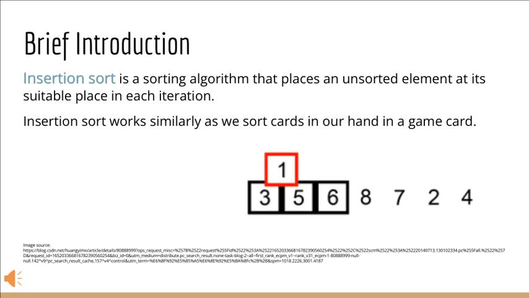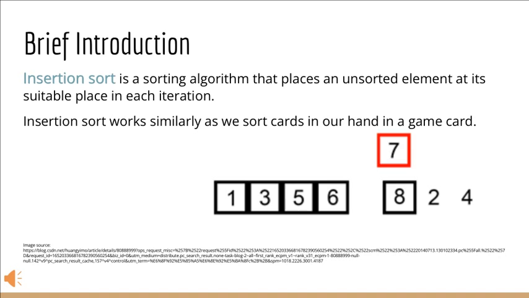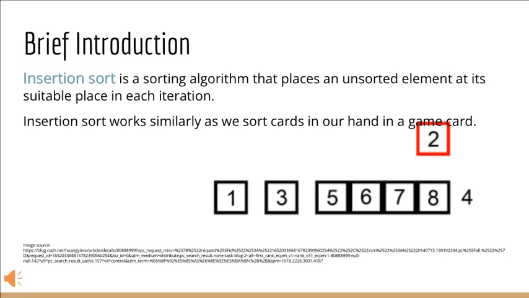We assume that the first card is already sorted, then we select the second one as an unsorted card. If the unsorted card is greater than the card in hand, it's placed on the right, otherwise to the left. In the same way, other unsorted cards are taken and put in their right place. A similar approach is used by insertion sort.